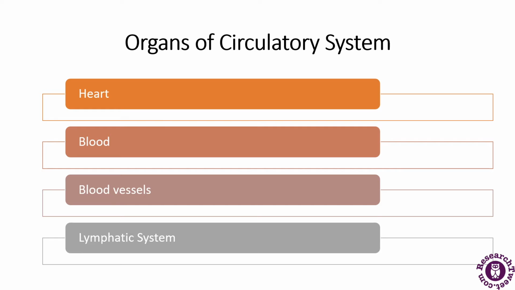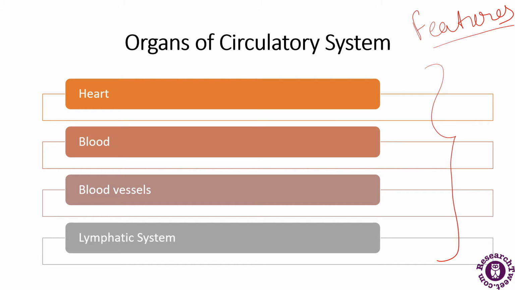Now, before going towards the organs of the human circulatory system, first we will discuss some of its main important features. What are the important features? First of all, the human circulatory system consists of blood, heart, blood vessels and lymph. These are the organs of the human circulatory system.